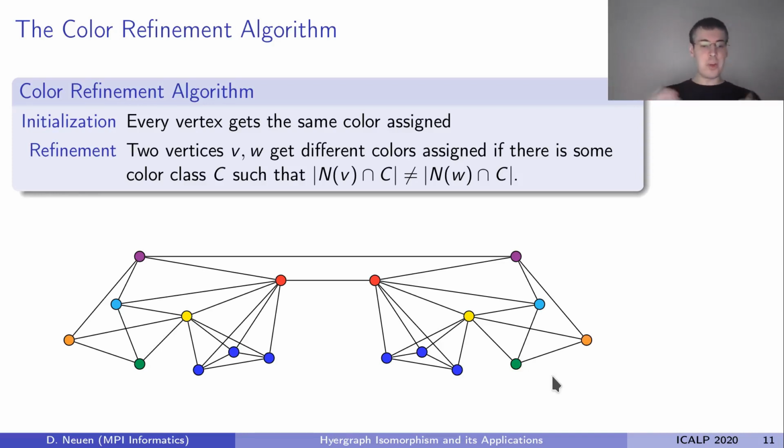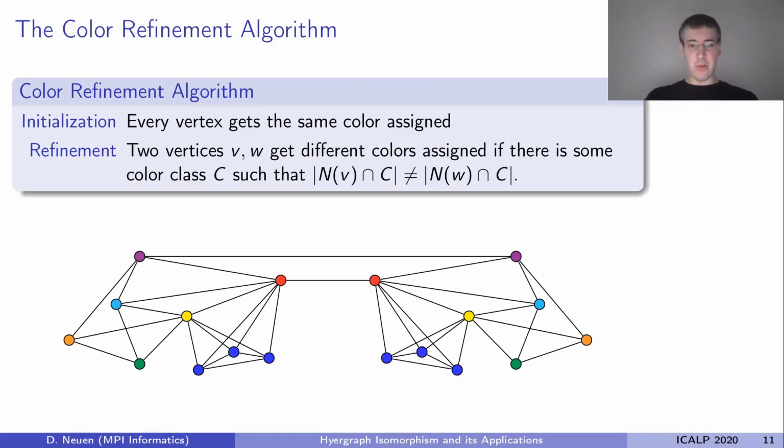We keep on going like that until no further distinctions are possible, which in this example is now the case. If you check this picture, you will see that the coloring is now what's called stable. For example, both orange vertices have the same color pattern in their neighborhood: violet, yellow, and green. This is the color refinement algorithm.